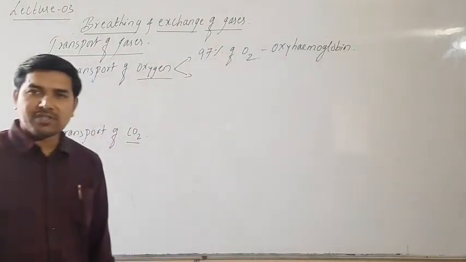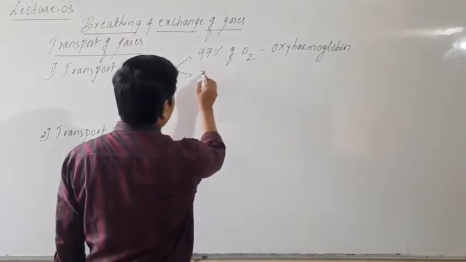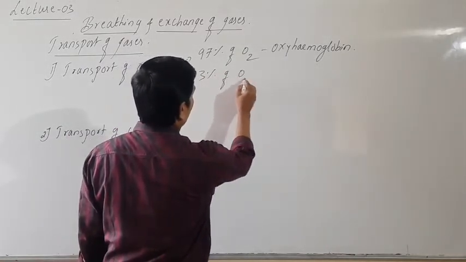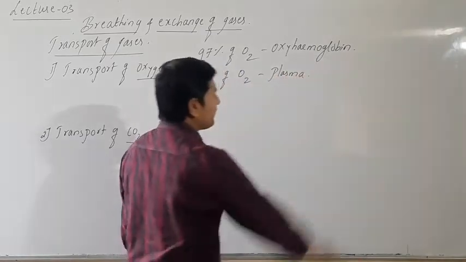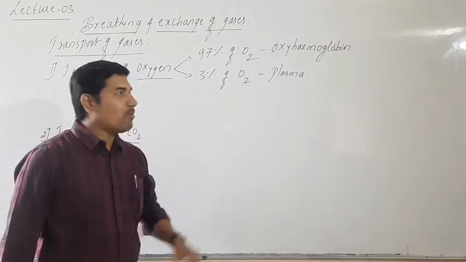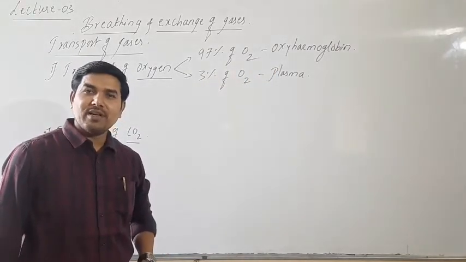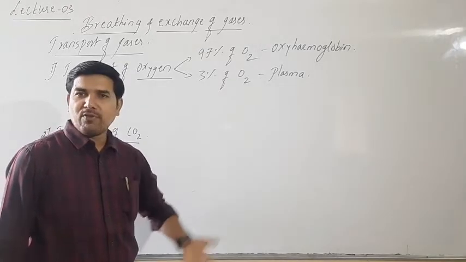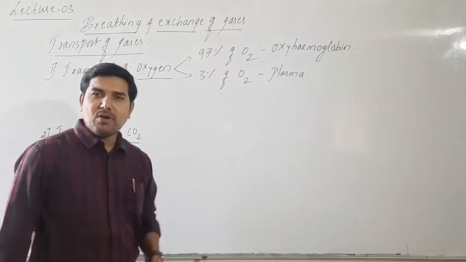And 3% of O2 is transported by blood plasma. So 97% of oxygen is transported in the form of oxyhemoglobin by the hemoglobin, and 3% of the oxygen is transported through the plasma of blood.